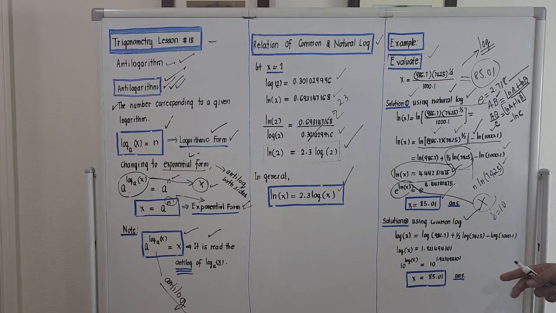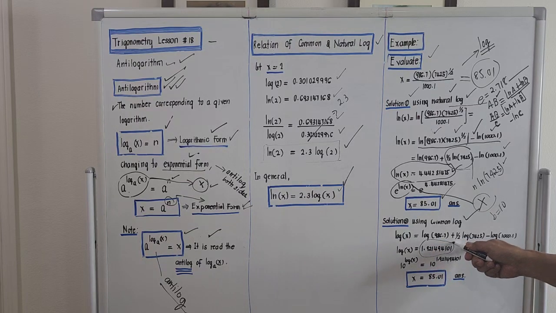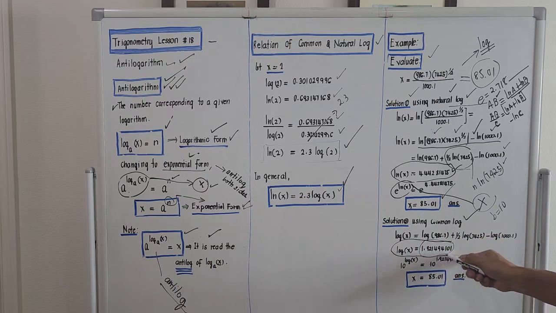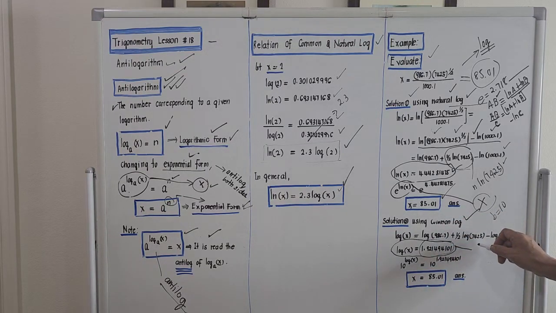Okay, I didn't bring out the individual values of this, but if we take the equivalent of the right hand side, it should be approximately 1.921. That is, the common logarithm of x is 1.921 94101. This is actually logarithmic form. Right?